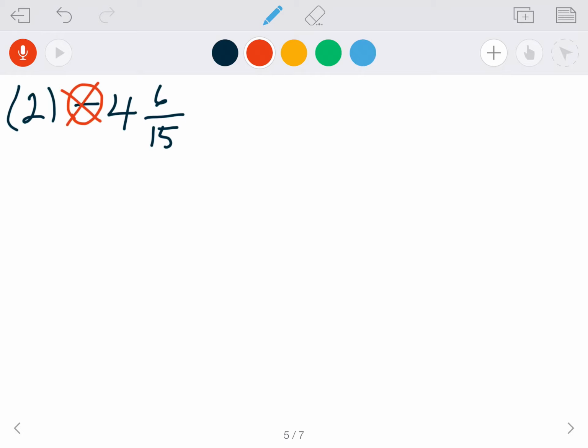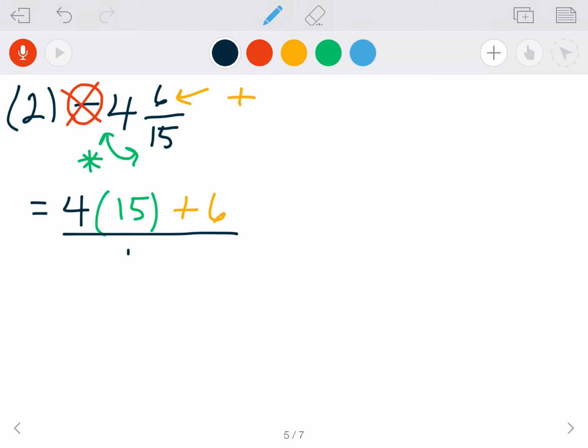It's not to hurt its feelings, it just has to wait. So just like before, we will multiply our whole number of 4 by our denominator, which is 15. And then we will add our numerator, which is 6. So whole number is 4, denominator is 15, numerator is 6, and our original denominator is 15.